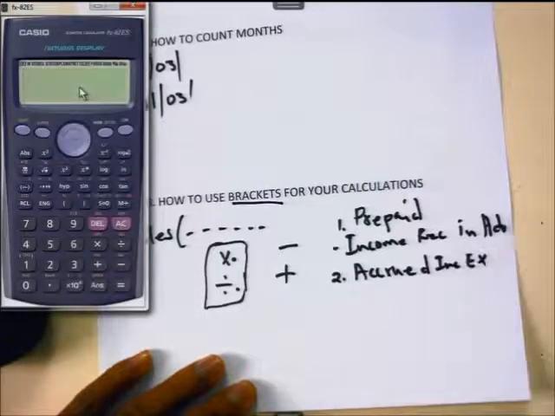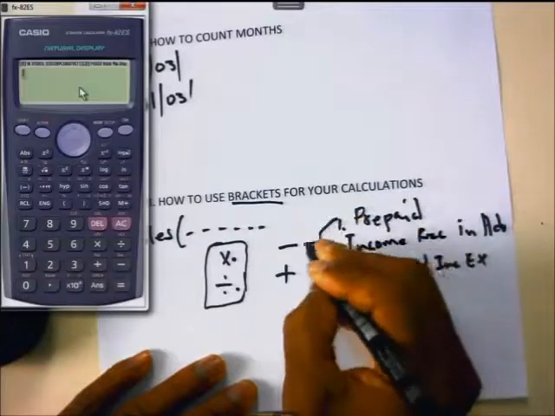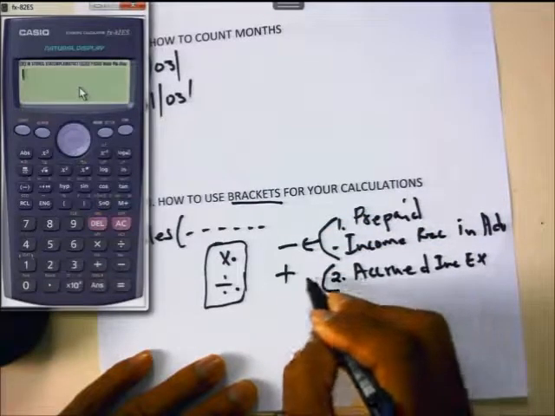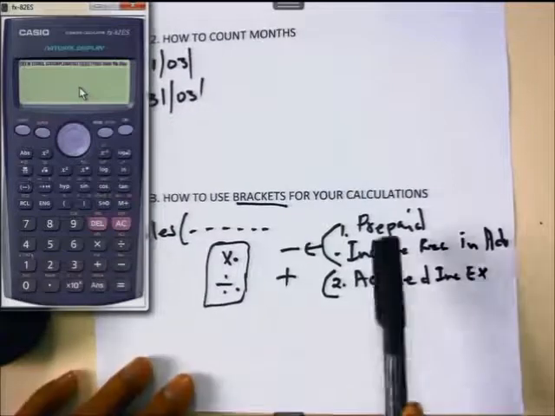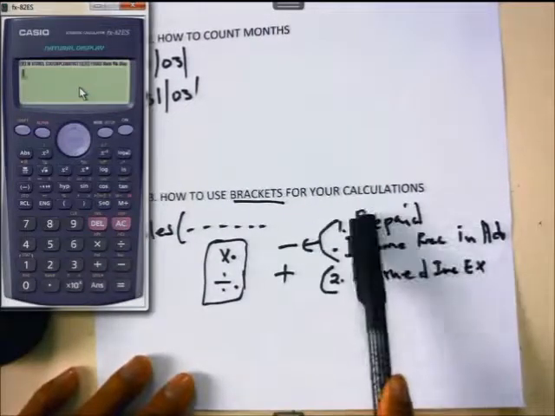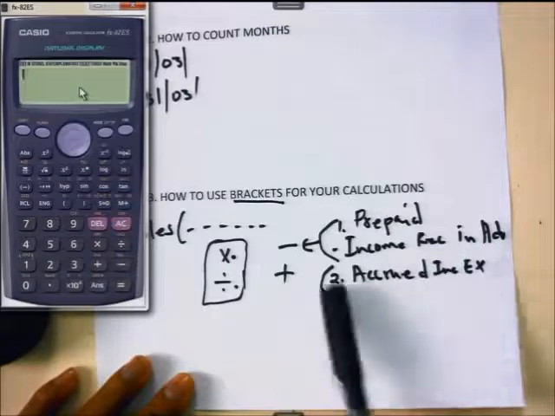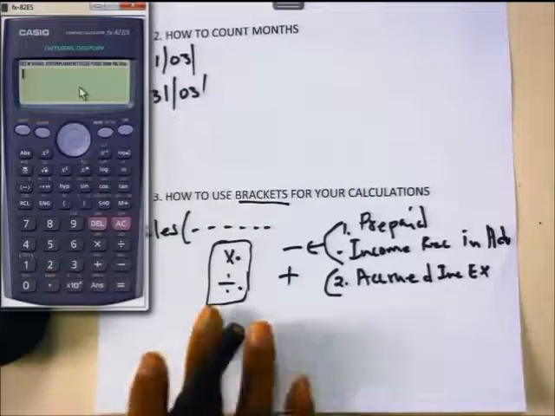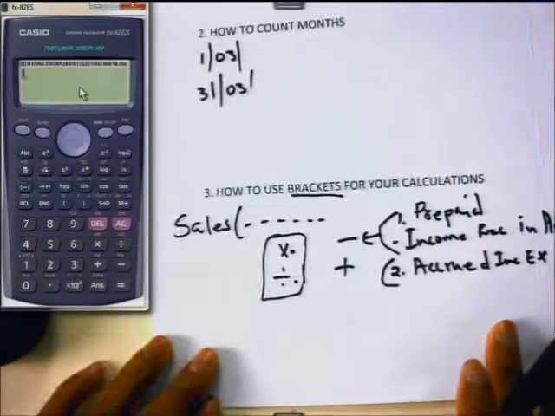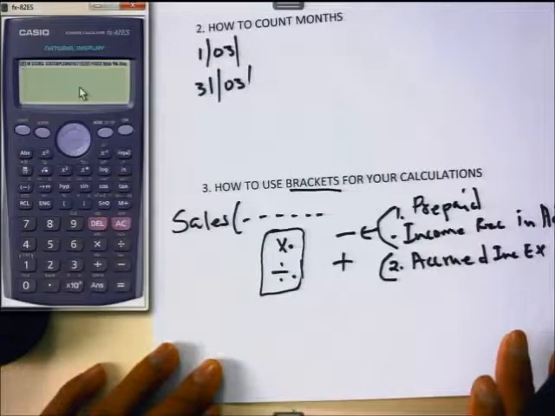With prepaid, it will be a minus sign, and with accrued, it is a plus sign. It depends whether the money was paid in advance, or we received more, or we did not receive at all, that is outstanding or not yet paid. So that is also important when you are doing the income statement to follow.